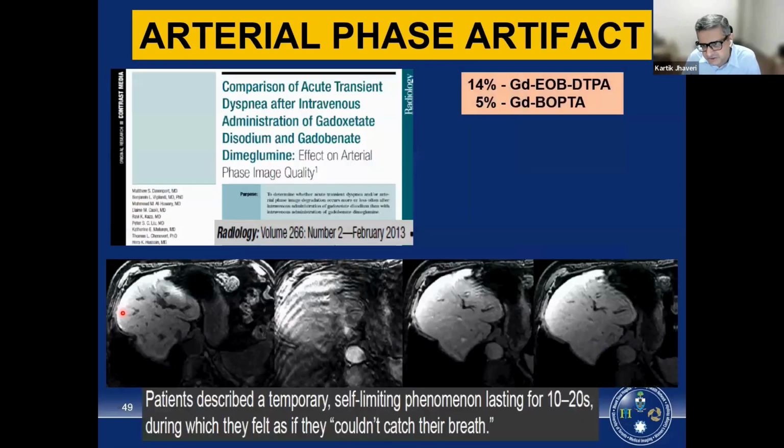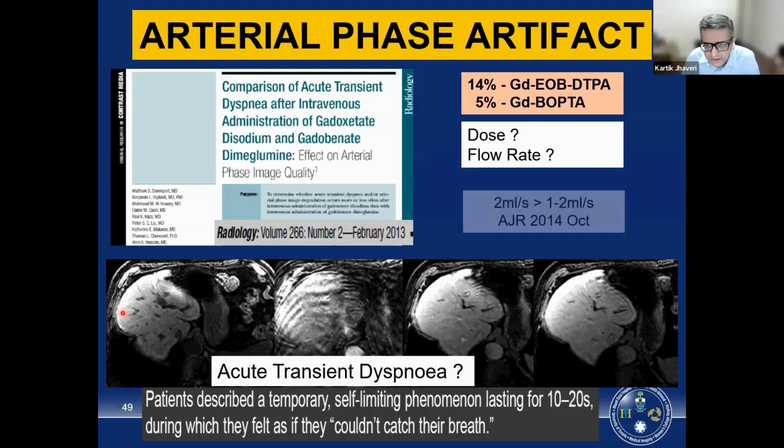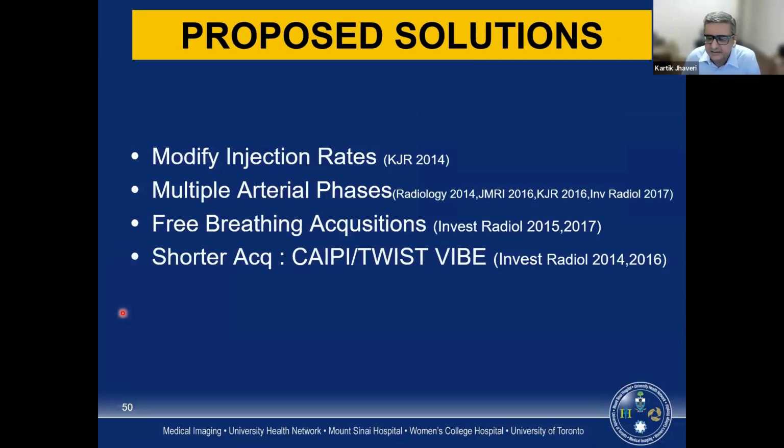Subsequently, it was shown that this is actually not truncation, but is occurring because of acute transient dyspnea, where the patients really can't hold their breath during the first pass effect of the contrast during the arterial phase. And this has been proven with respiratory bellows as well. So this is a true phenomenon. And again, this is related to the dose and the flow rate of the injection. So when you reduce the flow rate to 1 mL per second, this can actually be decreased.